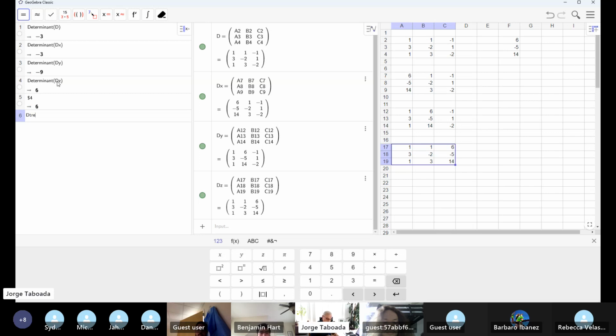Determinant of dx, sorry. So the parenthesis actually is closed. Division is here. Divided by determinant of d.